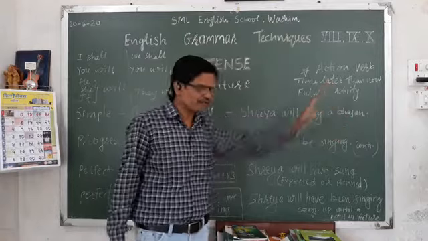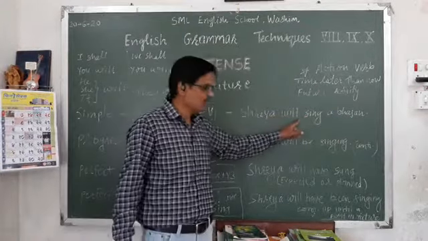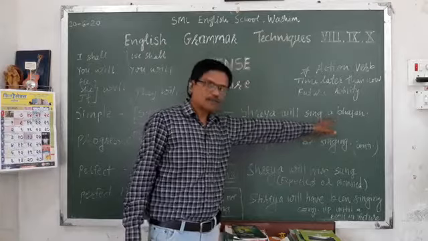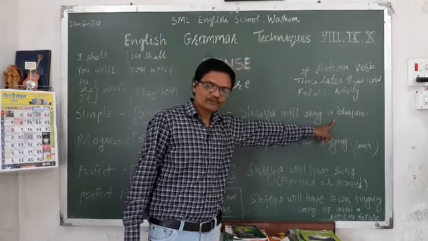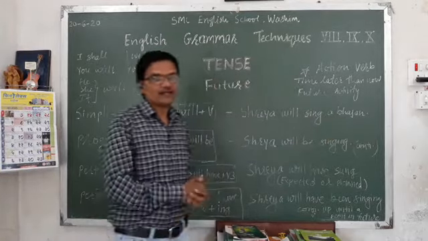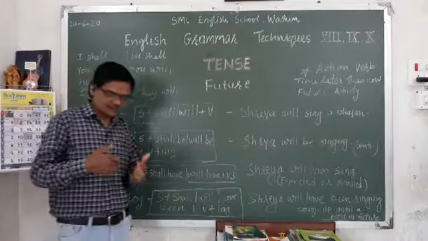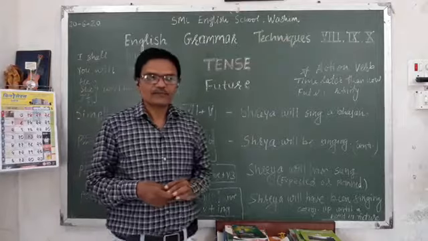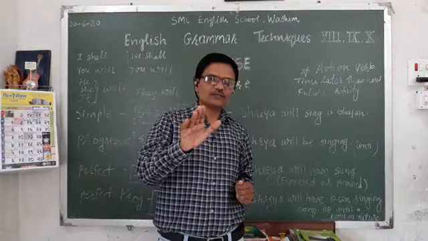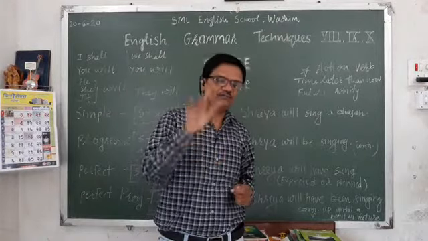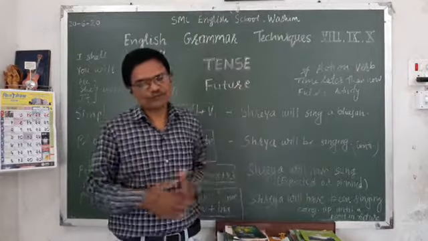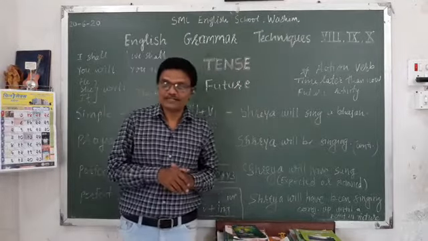Any object you can take. Subject plus shall will plus base form of the verb plus object. This is simple future tense. So applying this formula, this sentence pattern, structure of sentence, you can frame the examples of simple future tense.